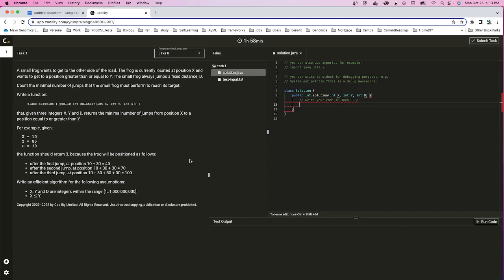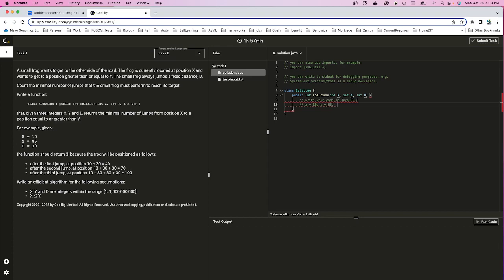problem. First we need to determine the number of jumps, and then we'll have to determine if the distance divides evenly. In the example here, X, the starting position, is 10, and Y, the destination, is 85.